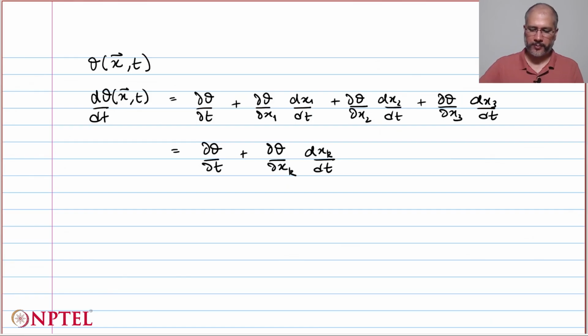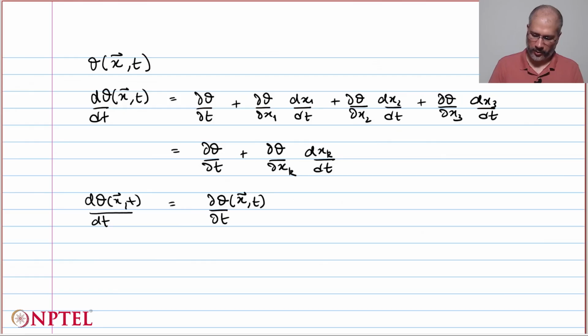Now, just to show that theta is written in the Eulerian description, I'll write it like this: partial theta by partial t, where theta is in the Eulerian description, plus partial theta by partial xk. Again, theta is a function of small x and t, times d by dt of xk.